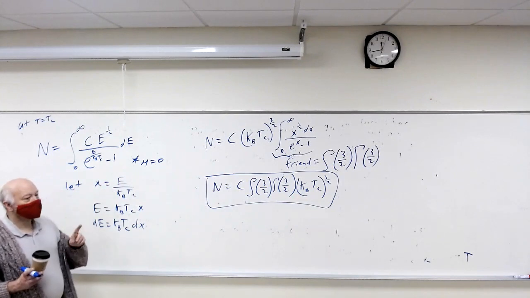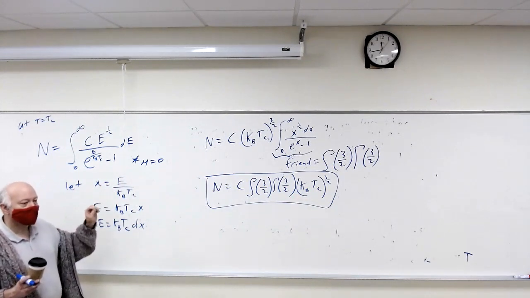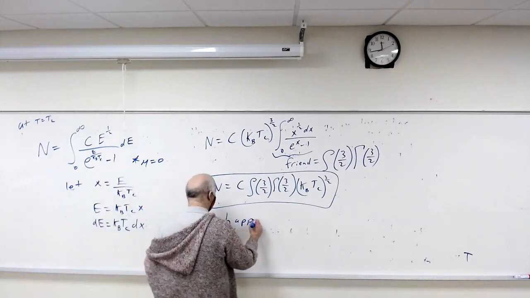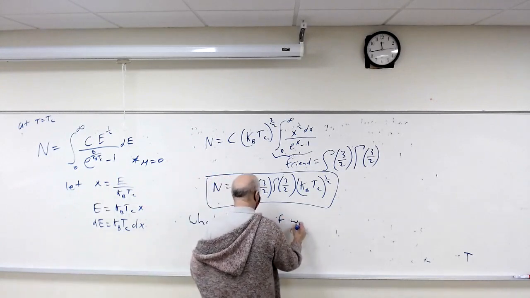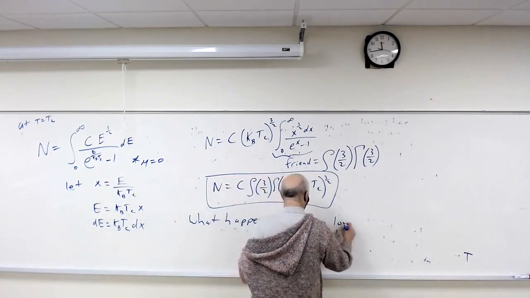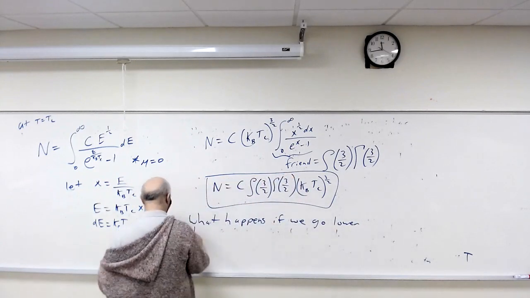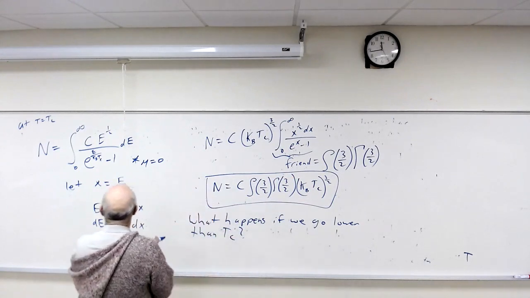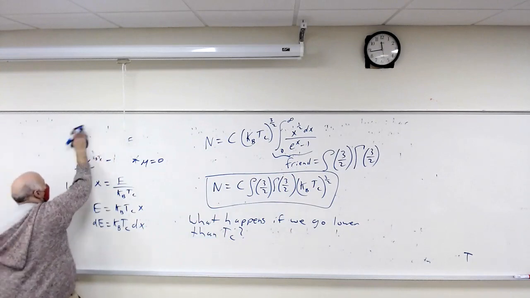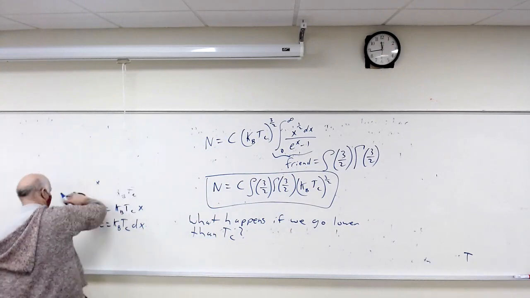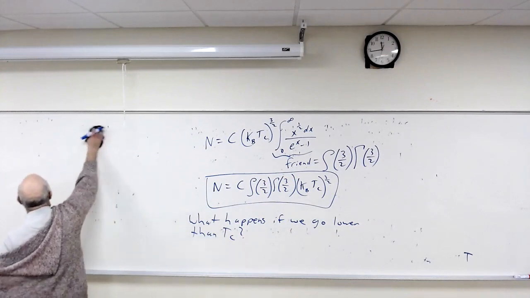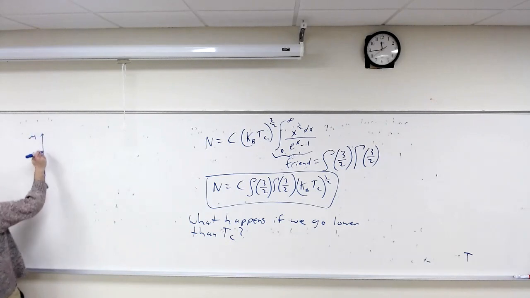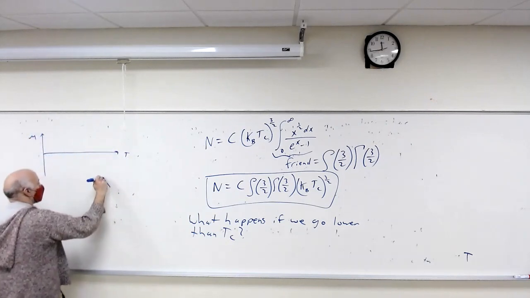Okay. Now here's the problem. What happens if you go below Tc? So if you have our new graph here, here's your T. Everything's fine.